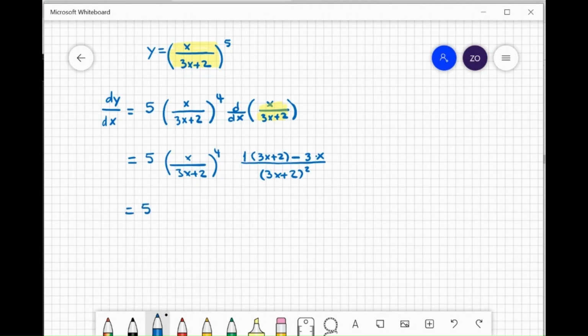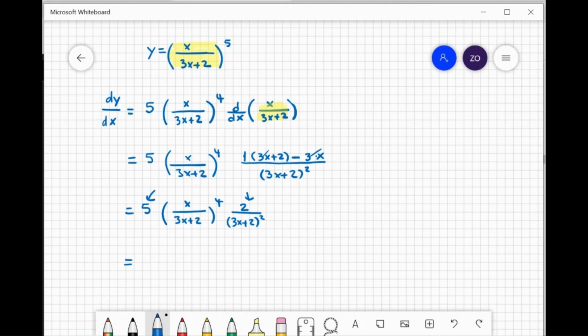Let's simplify. 3x plus 2 minus 3x, in fact, is simply 2, right? The 3x minus 3x will cancel out. 2 over this thing squared, right?